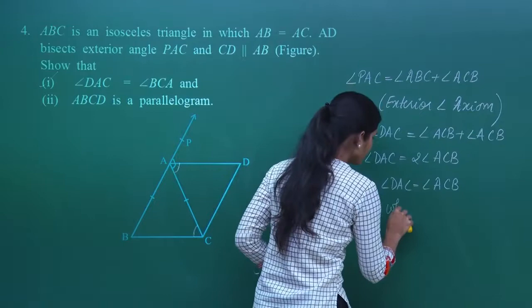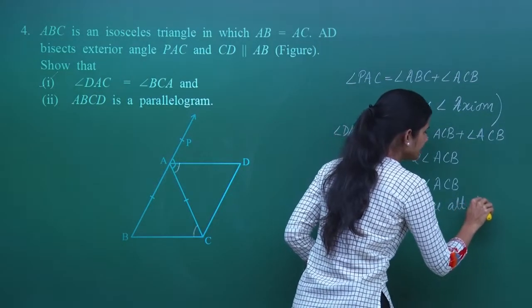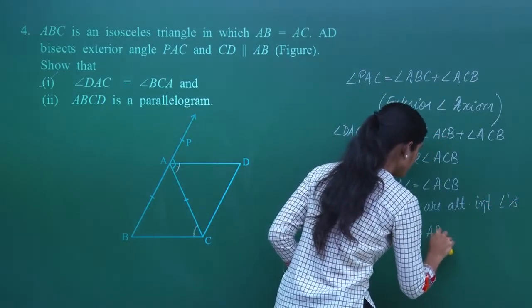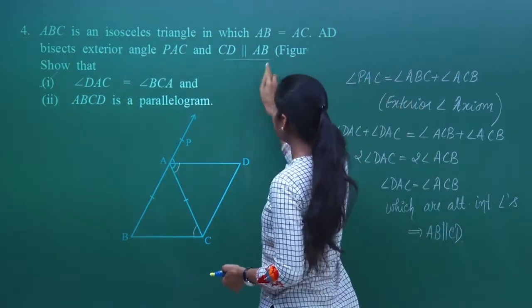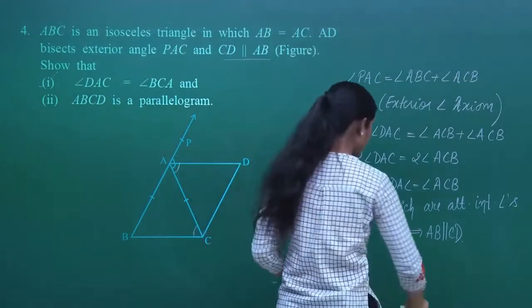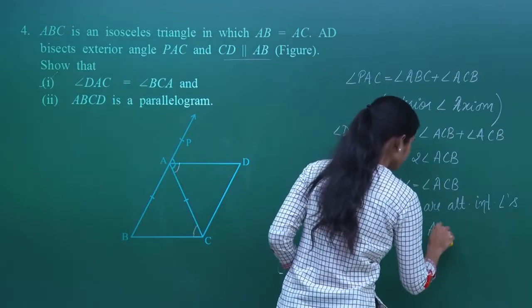So these are equal, which are alternate interior angles, and therefore AD will be parallel to BC. Already it is given in the question that CD is parallel to AB. We have proved BC is parallel to AD. Yes, so we have proved from here BC is parallel to AD.